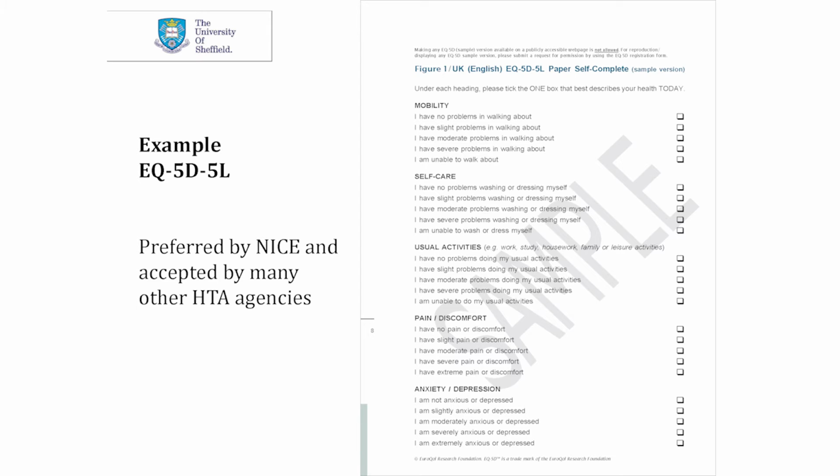And it's a simple way of describing your health across 5 domains: mobility, self-care, usual activities, pain and discomfort, anxiety and depression. And for each of these domains, you have 5 levels, from basically no problem to unable to do or very severe, depending on the domain. So we have a 5 by 5 description of somebody's health. And this describes in all 3,125 health states. So a lot of health states.